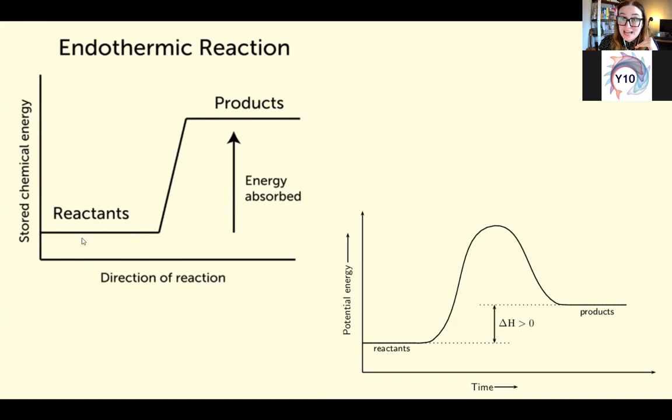So in your reaction, the chemical energy stored in the bonds of the stuff you begin with is less than the chemical energy that is stored in the products. And so in order to make those products, you need to absorb energy. And that's why I said earlier that any reaction that you have to give heat to continuously to make the reaction happen is an endothermic reaction, because it needs to absorb that energy in there.